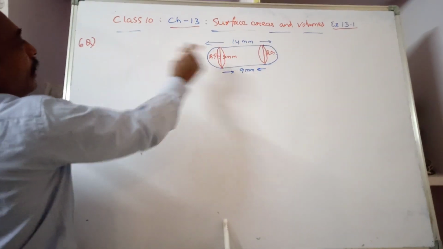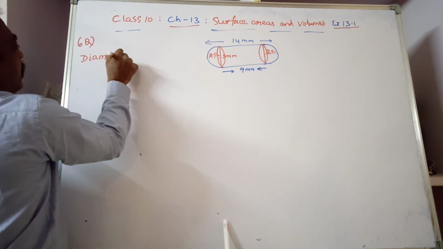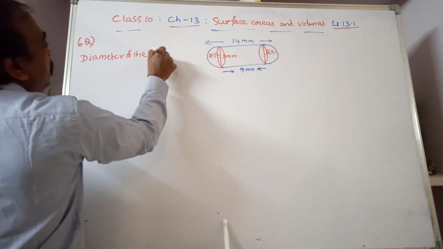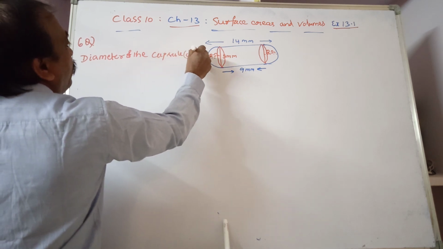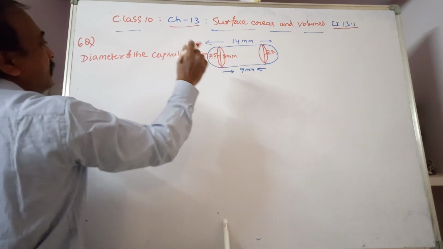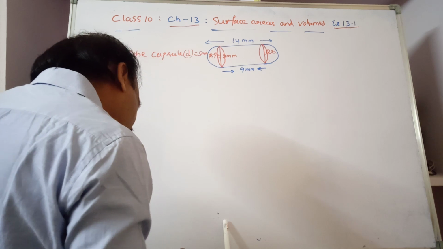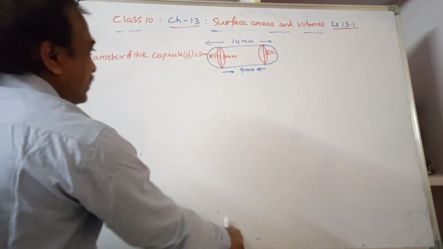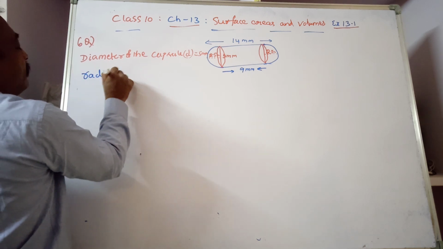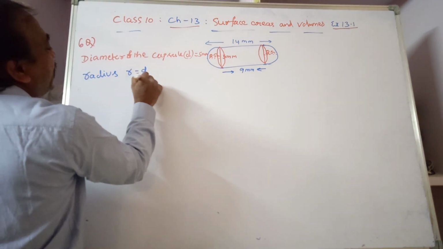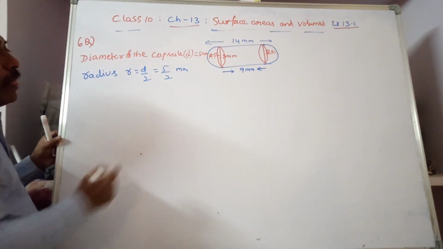So what is given? First, diameter of the capsule, D is equal to 5 millimeters. Now the radius R is nothing but D by 2, which is 5 by 2 millimeters, or you can write 2.5 millimeters.